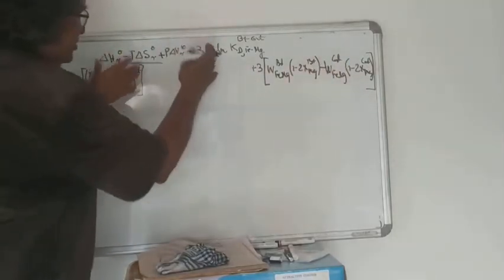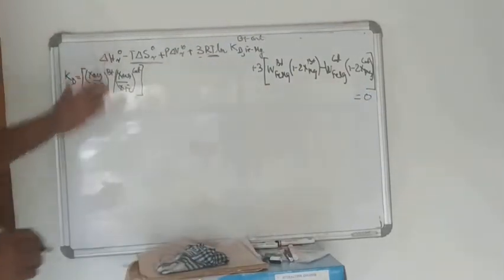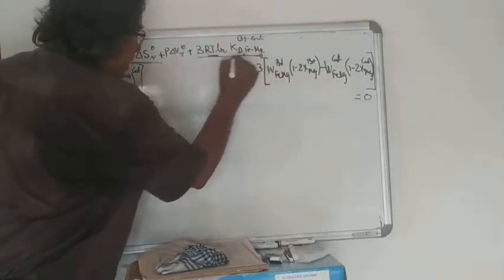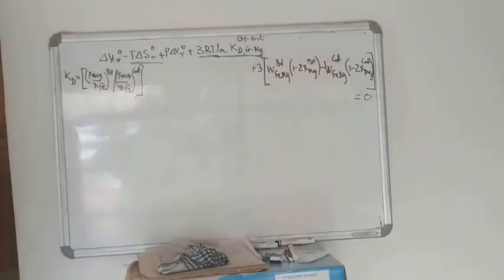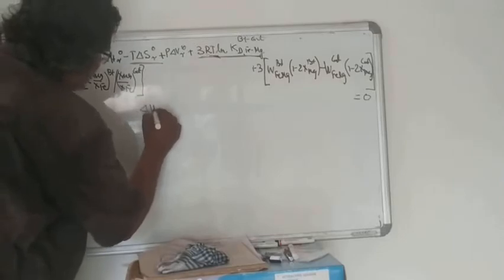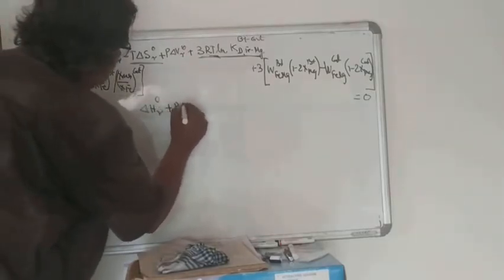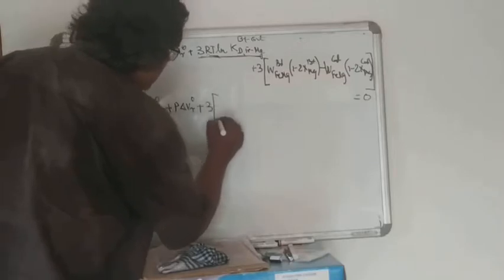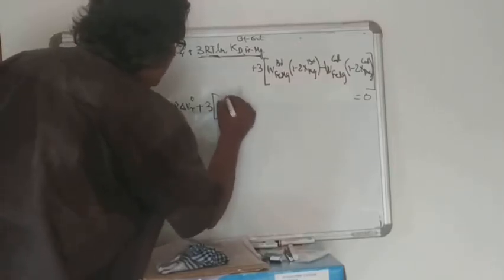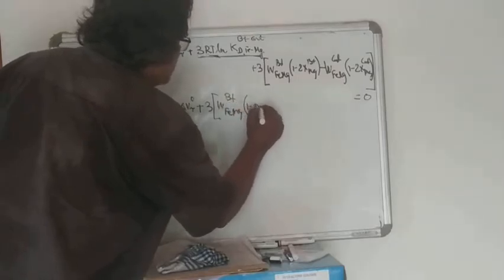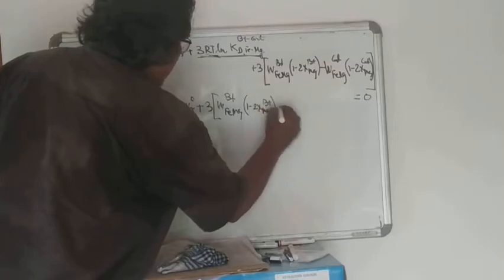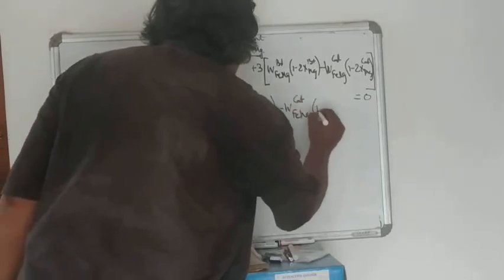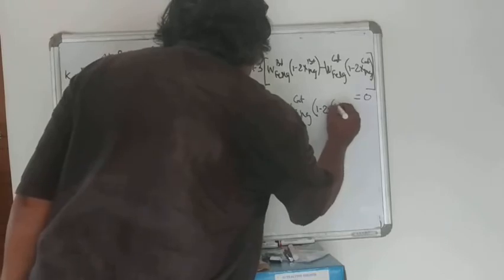So if I take these terms with the temperatures, one term and two term, on the other side of the equation, then we will have del H_R0 plus P del V_R0 plus 3 W_FeMg biotite into 1 minus 2X_Mg biotite minus W_FeMg garnet into 1 minus 2X_Mg garnet.